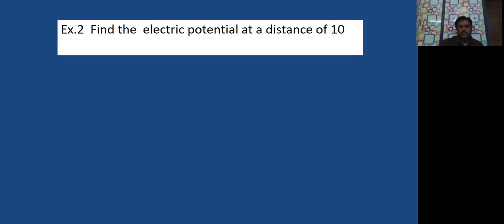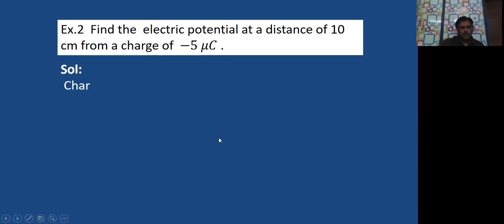One more numerical. Let us see. Second example. Find the electric potential at a distance of 10 centimeters from a charge of minus 5 microcoulombs. Let us see the solution. First, the charge value. Q is minus 5 into 10 power minus 6 coulombs.